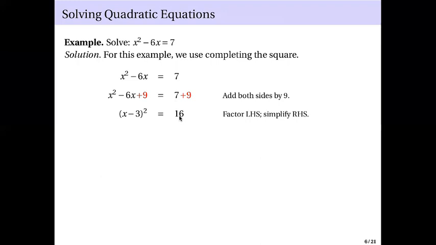Now, remember the first method that I discussed earlier? If you have x squared equals p, this means that x equals plus or minus the square root of p. It's similar to this. Something squared equals 16. Therefore, that something that is being squared will be equal to plus or minus the square root of 16.